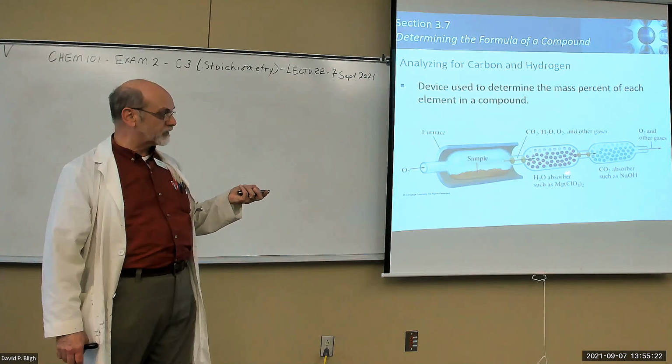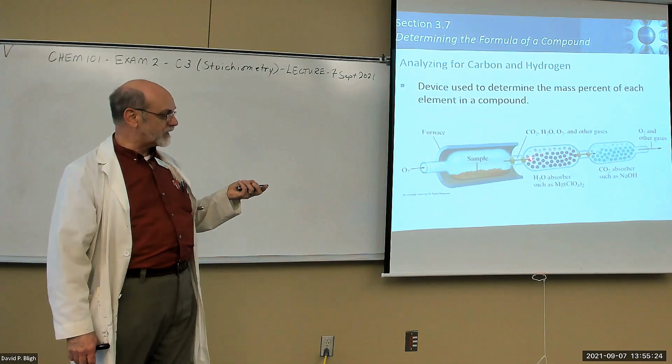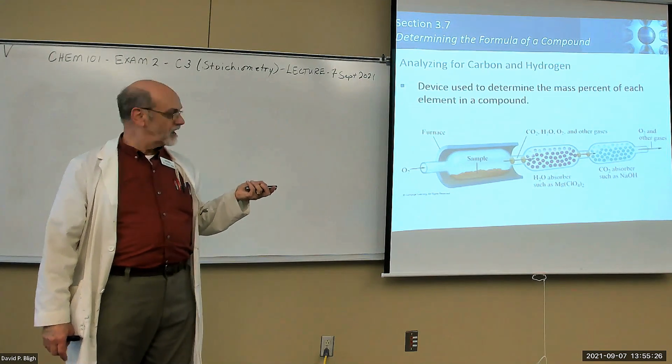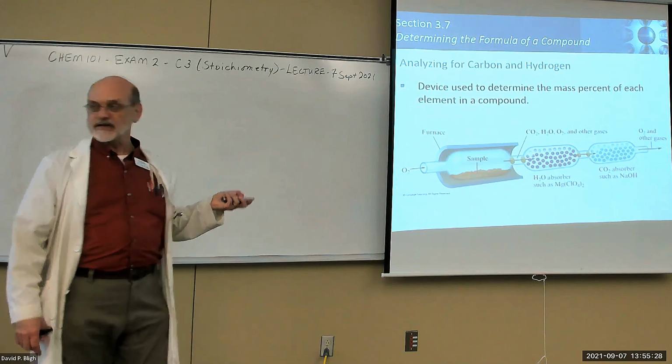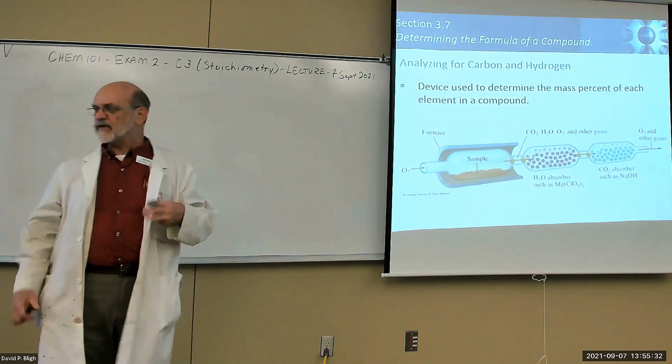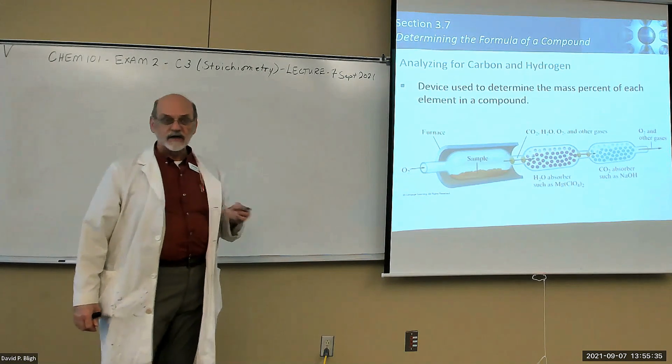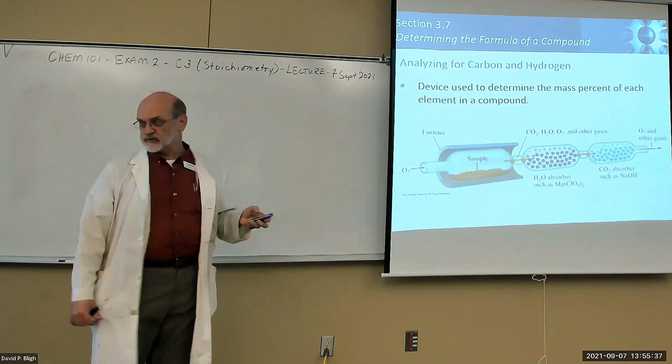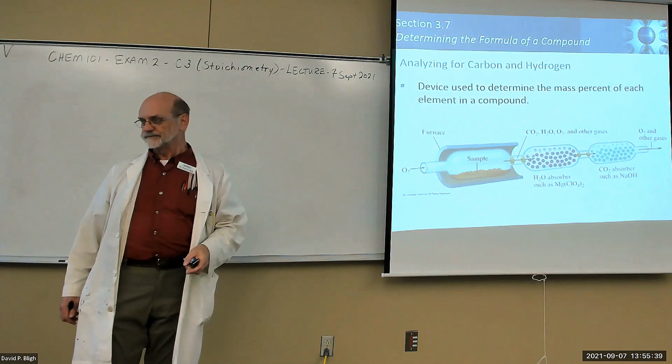You can determine the carbon from this one and the hydrogen from this one. Then you subtract those from the mass here, and you know how much oxygen is there. If you've got any other elements in there, then you need different absorbers out here to pick those up too.